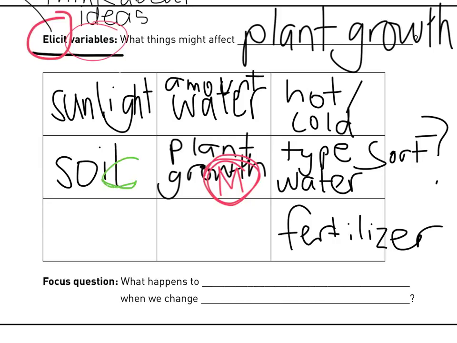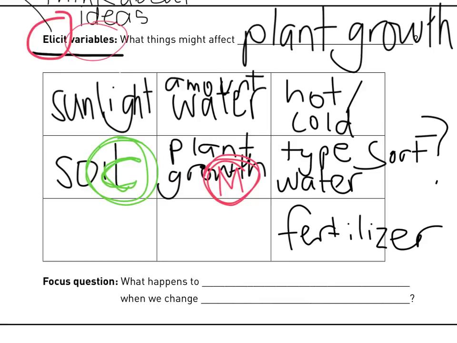So I'm going to put a C here in this one, give it a circle, and what does that mean for all of the other things? Sunlight, water, hot and cold, type of water, fertiliser. What do I do with those variables? Well, we think about cows moo softly. Cows moo softly is a clever way for us to remember how to run a fair test. Cows means to change one thing, and we've already done that.